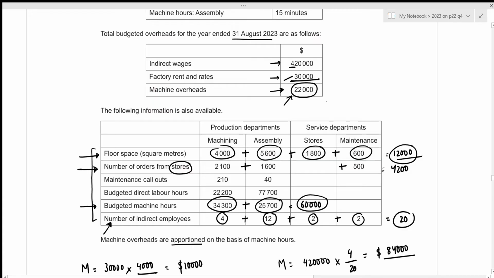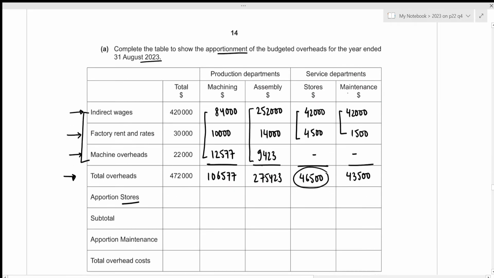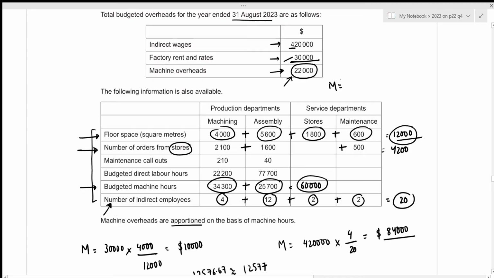Now, if we're trying to reapportion it to the machining department, we just start with the total amount for our stores, which we calculated to be 46,500. And we just need to multiply it by the appropriate fraction, which in this case will be 2,100 divided by the total of 4,200.